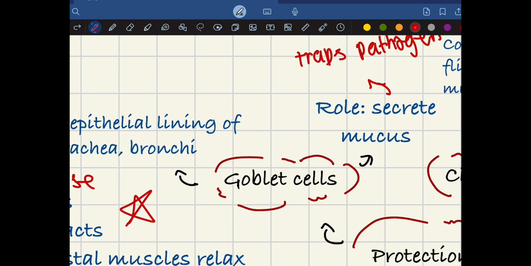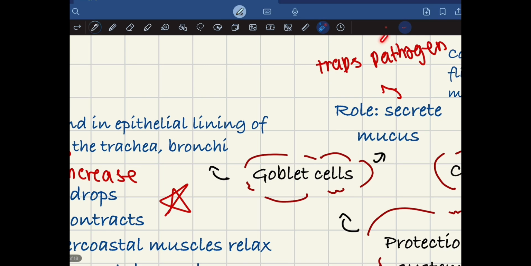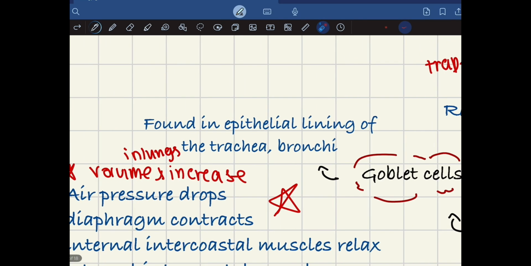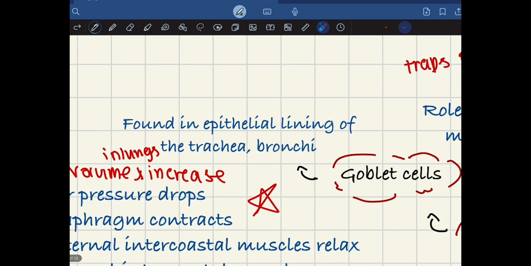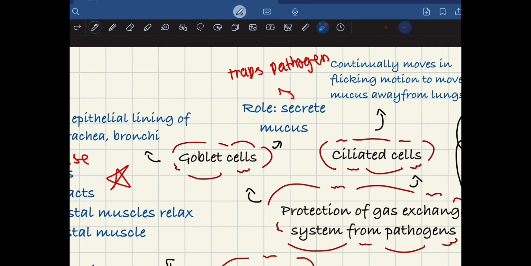That's its main purpose. So the goblet cells will secrete mucus to trap pathogens. The goblet cells are found in the epithelial lining of the trachea and bronchi.